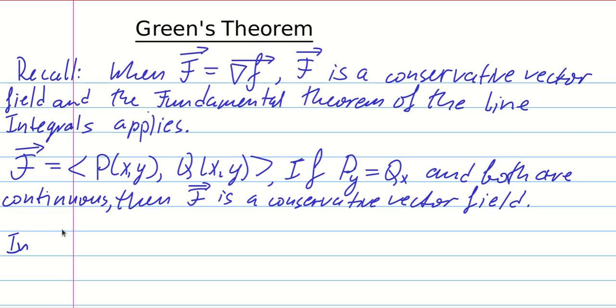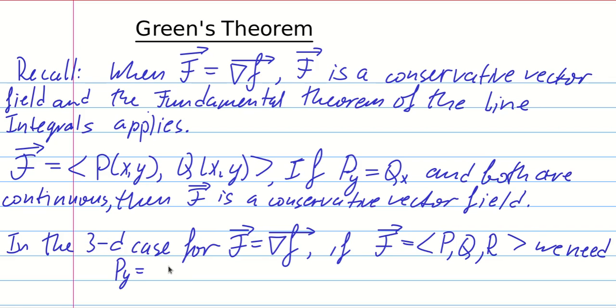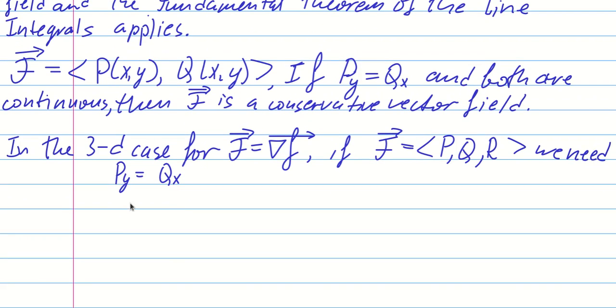In the 3D case, for function F, which is equal to the gradient of little f, if F is given by three components P, Q, and R, we need P sub y equal to Q sub x, P sub z equal to R sub x, and Q sub z equal to R sub y.